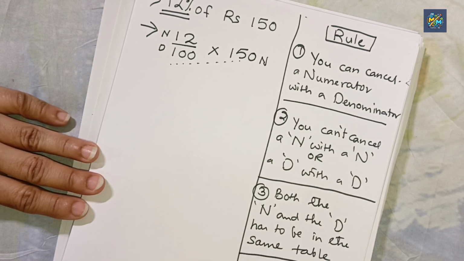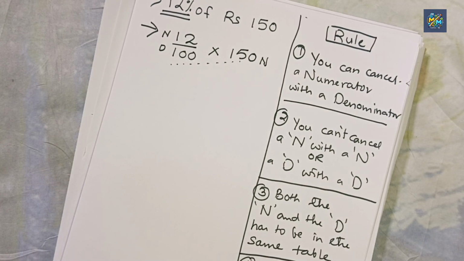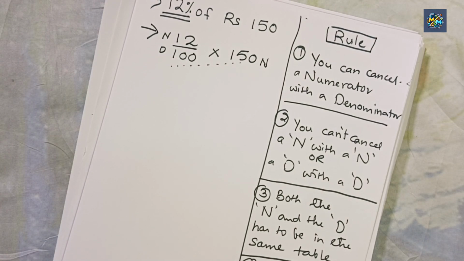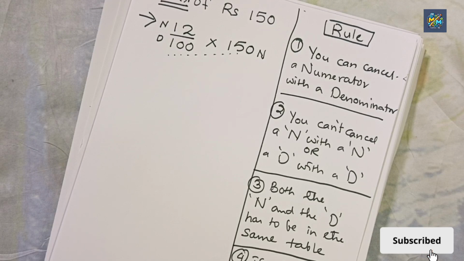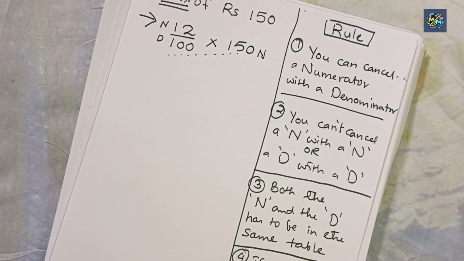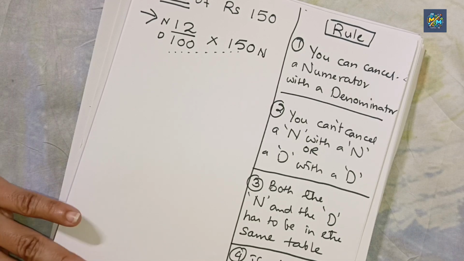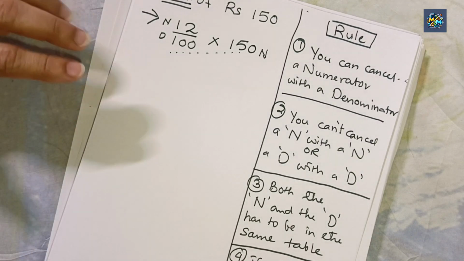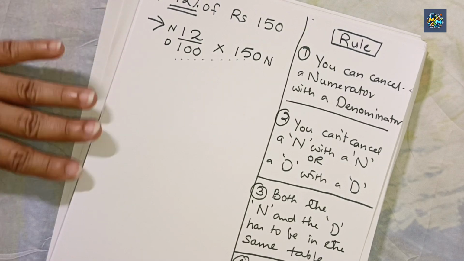And the fourth thing is if there's a 1 in the denominator, do not consider it or write it. So these are the 4 points you have to follow. Now I'm going to tell you what has to be done.